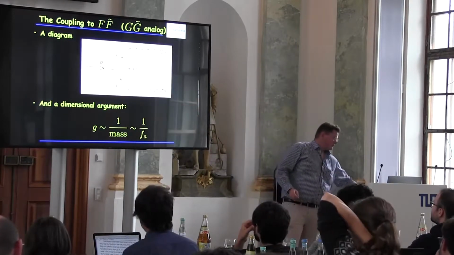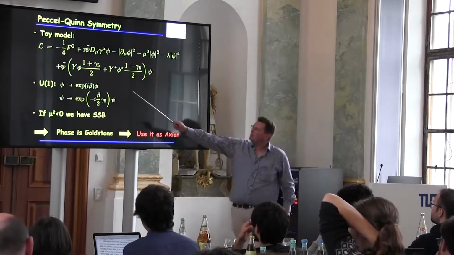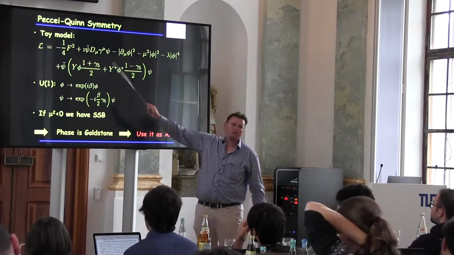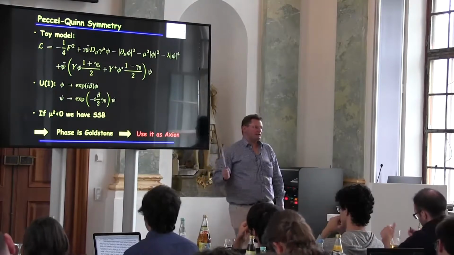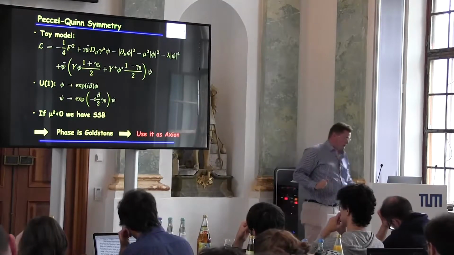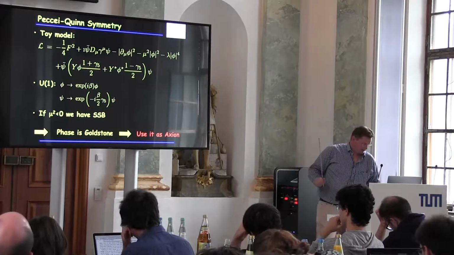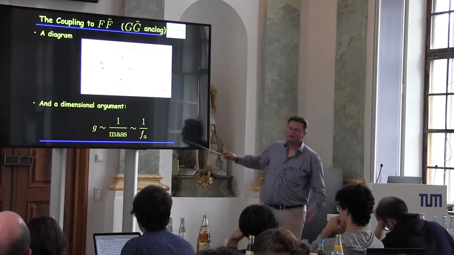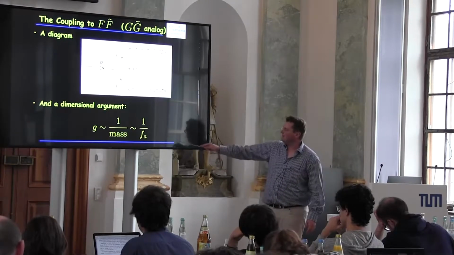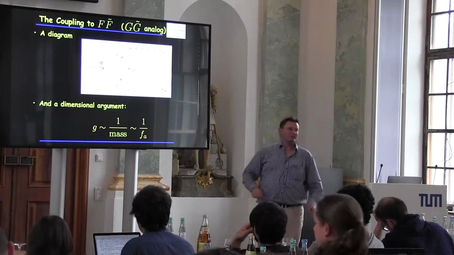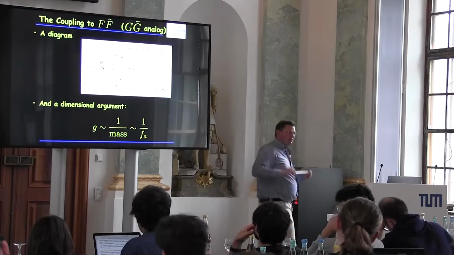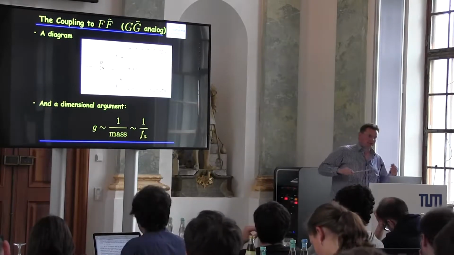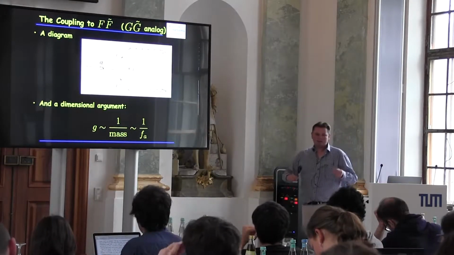And if you go back here, the mass of the fermion will be proportional to the vacuum expectation value of our spontaneous symmetry breaking. So if I now call the vacuum expectation value Fa, my coupling constant will be of the order of 1 over Fa. And that is exactly the type of coupling that I want for my axion.